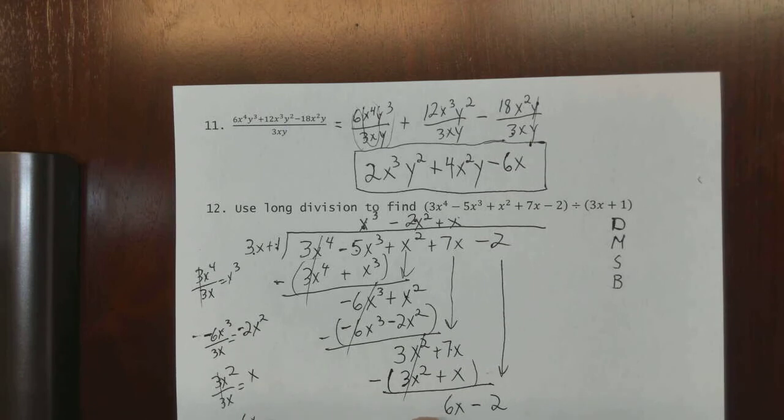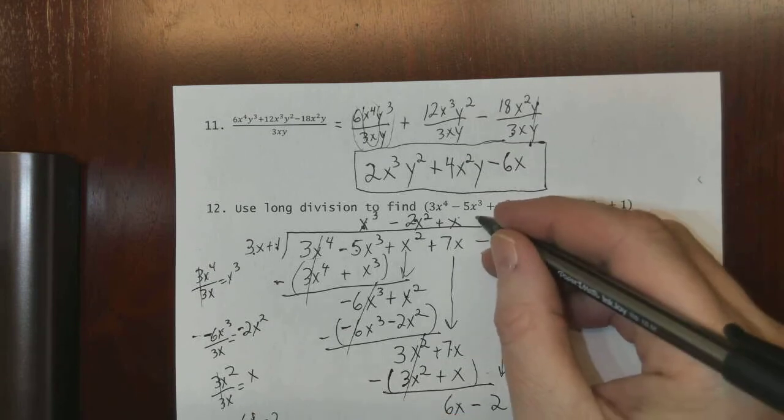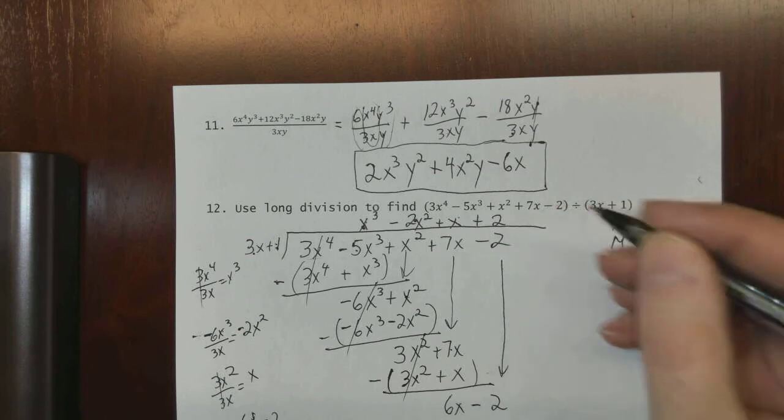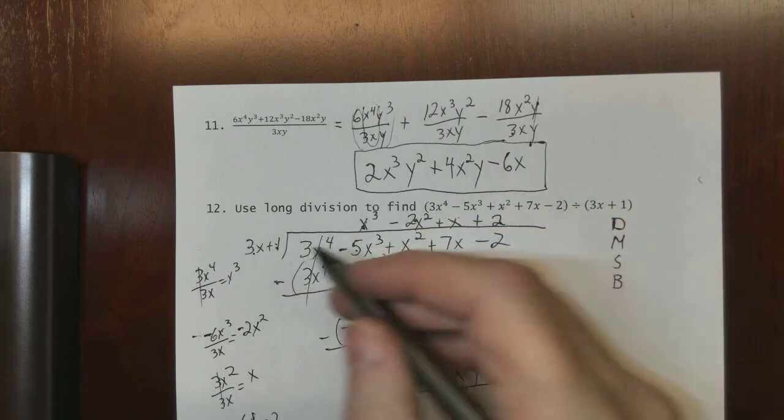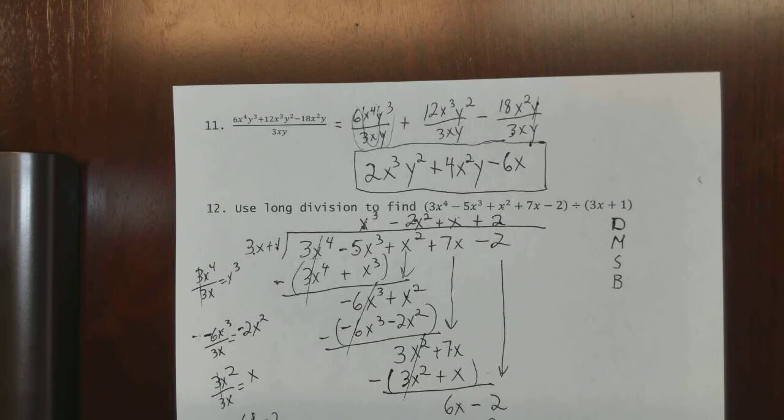And divide one more time. 6x divided by 3x is 2. The x's cancel. 6 divided by 3 is 2. So I'll put a plus 2 right here. 2 times 3x is 6x. 2 times 1 is 2. I thought this was going to cancel out for a second, but it's not. So we do have a remainder. 6x minus 6x.